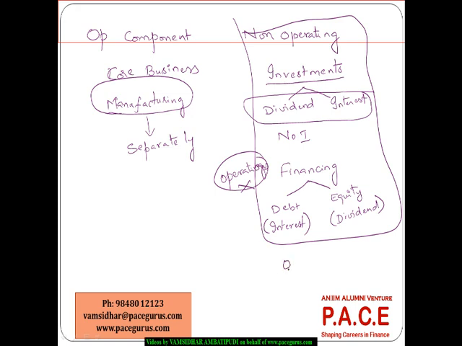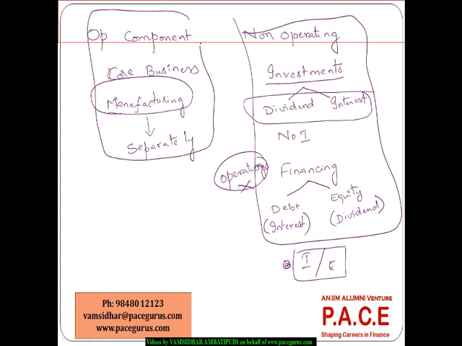Whether they are income or expenses, they need to be shown separately from the operating component. These two should not be clubbed in terms of presentation. That's one more thing we need to be careful of when looking at the different elements and accounts that typically come into an income statement.